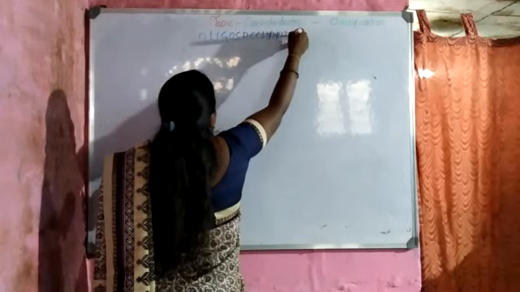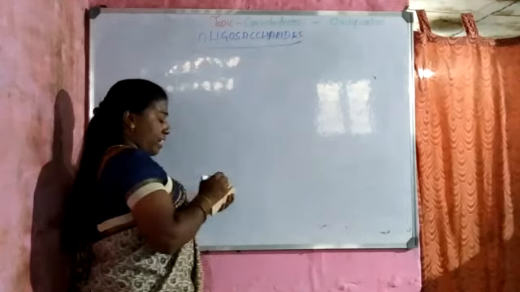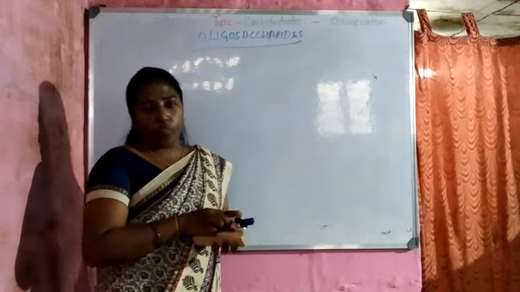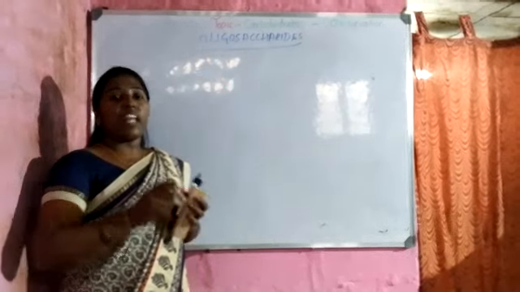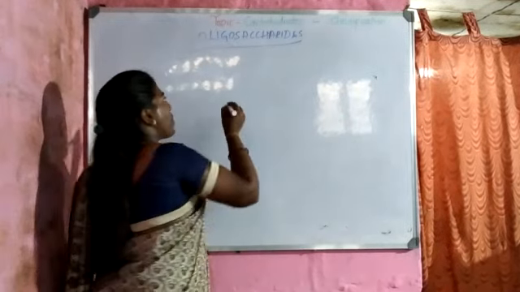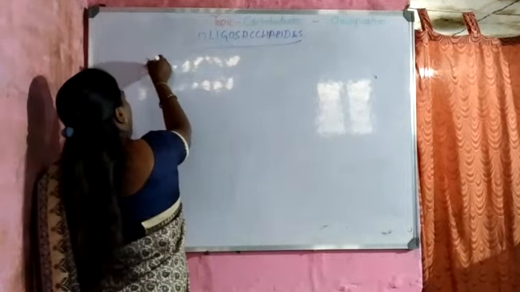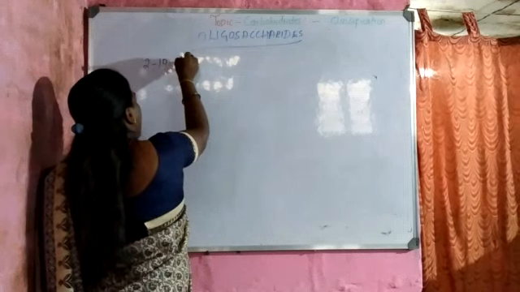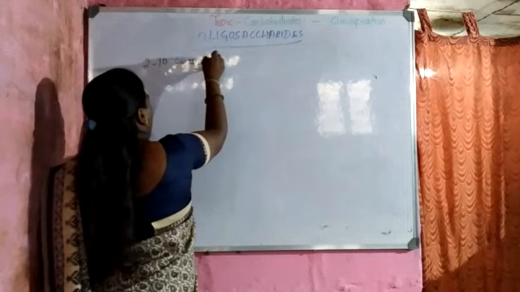These are carbohydrates which are made up of 2 to 10 sugar units. So these are the carbohydrates made up of how many sugar units? 2 to 10 sugar units are found in case of oligosaccharides.